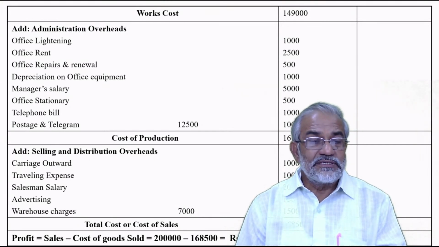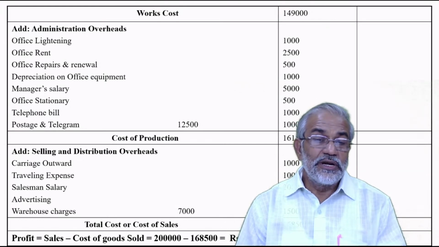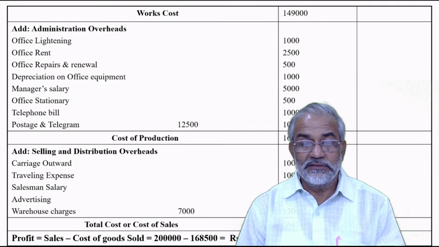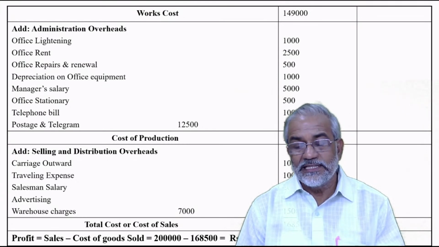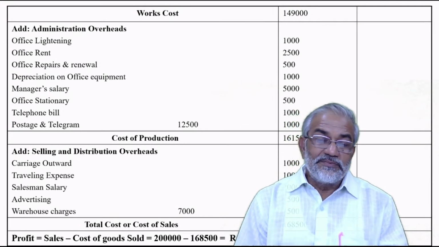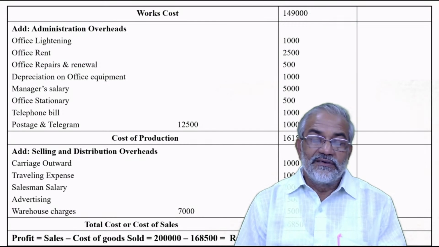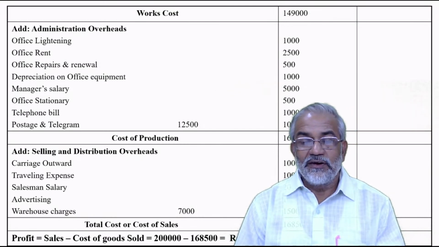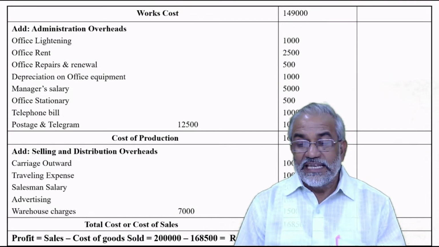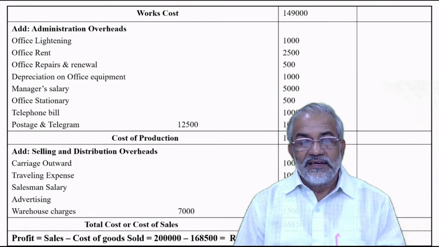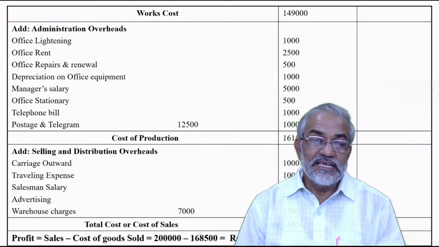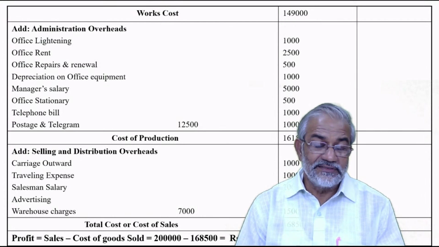So when the items coming under selling and distribution overhead are added to the cost of production, that becomes the total cost of the product, which is otherwise called the cost of sales. And the cost of sales is the final cost in respect of the production of any unit. When the cost of sale is deducted from the selling price, which is more than the cost of sale, the differential figure would be the profit.